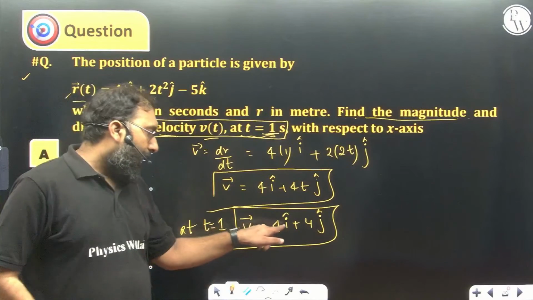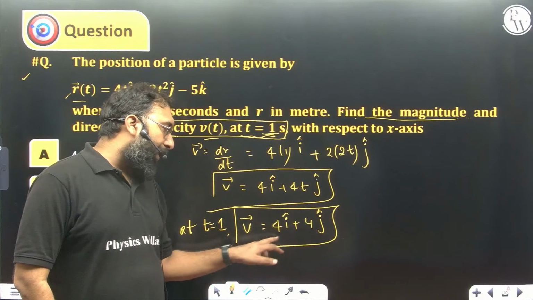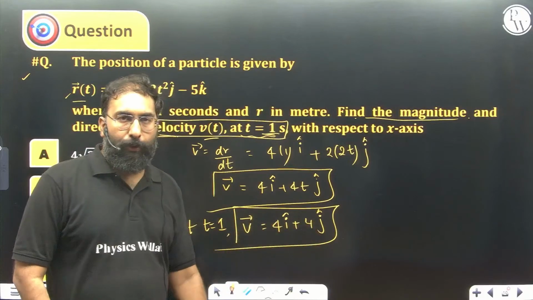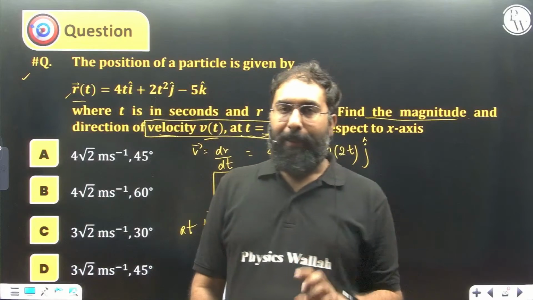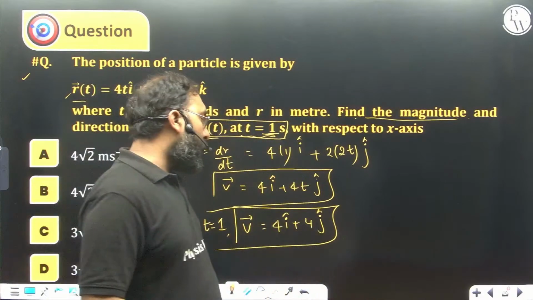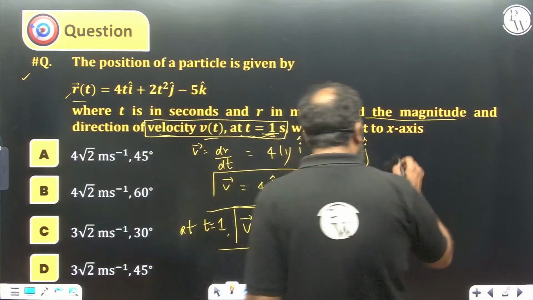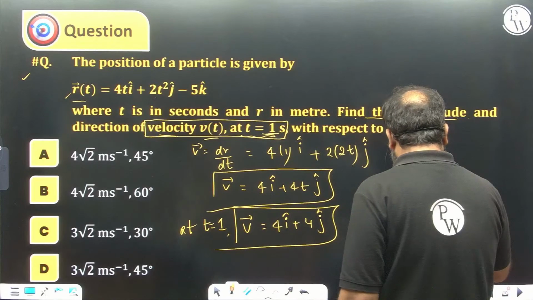You can see 4 i cap plus 4 j cap means the coefficient of i is 4, the coefficient of j is also 4. Means the x component of the velocity is 4 meter per second and the y component of the velocity is also 4 meter per second. So both the components are same. If I want to plot it in vector form, the velocity is like this.